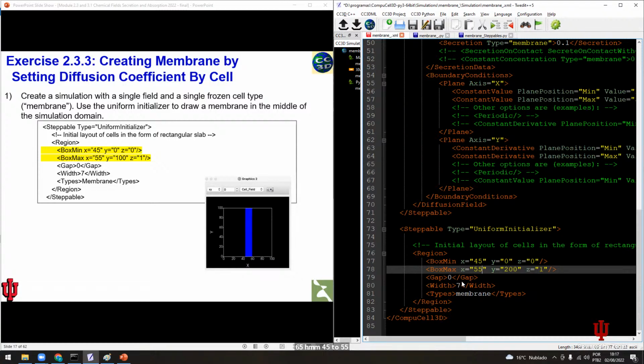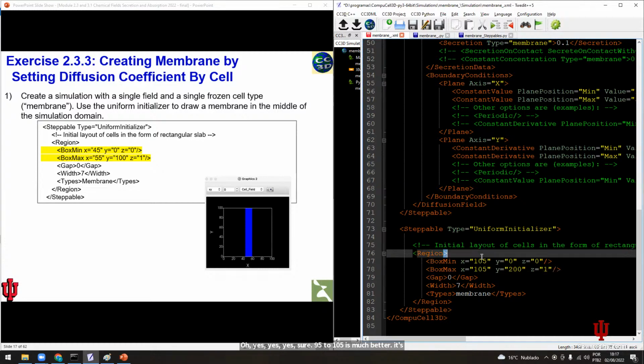Okay. The width you can leave as it is. That's just it. Oh, yes, sure. 95 to 105 is much better. It's more symmetrical. Oh, mistake here. Thank you, Caleb.